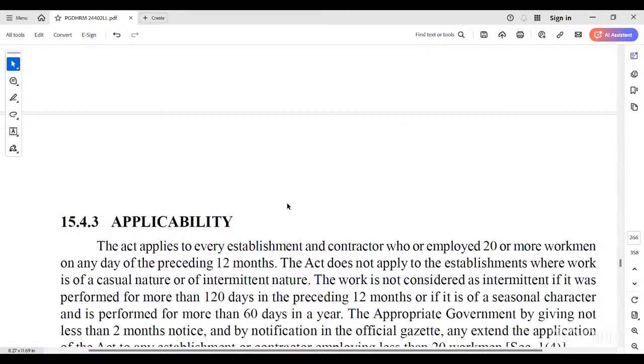If there are fewer than 20, with a separate notification they are also considered.